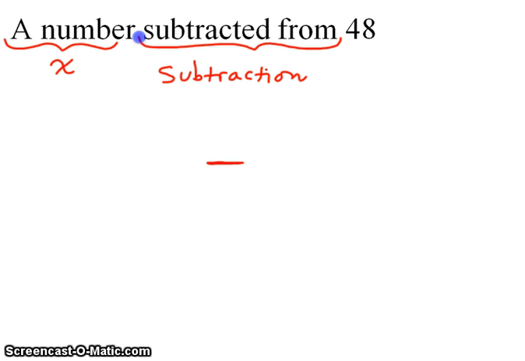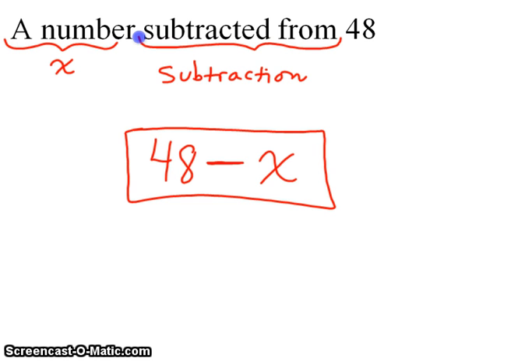Now, is it x minus 48 or 48 minus x? The number is being subtracted from the 48, so the 48 goes first: 48 minus x. It's real tricky. You have to pay attention to the order here.